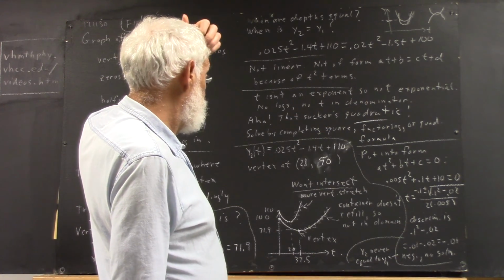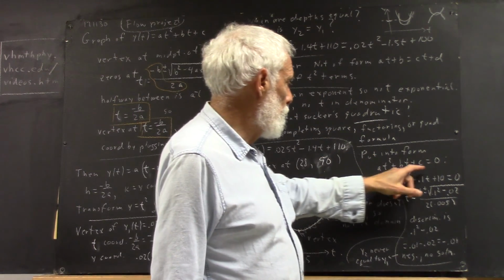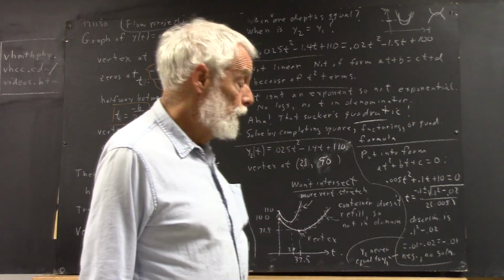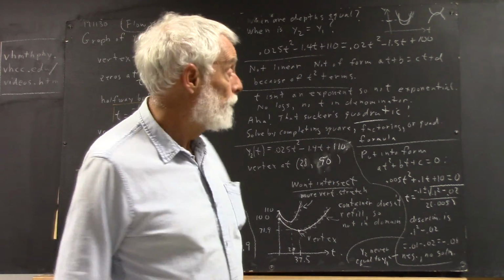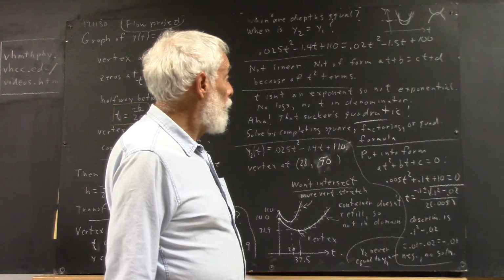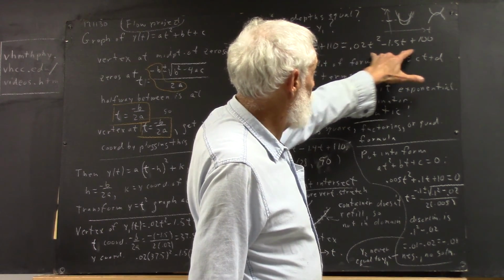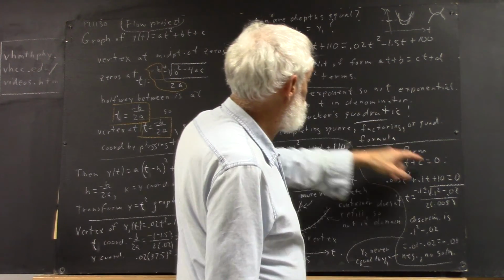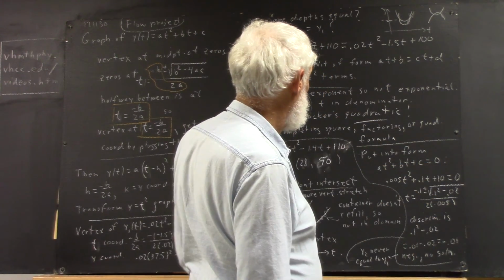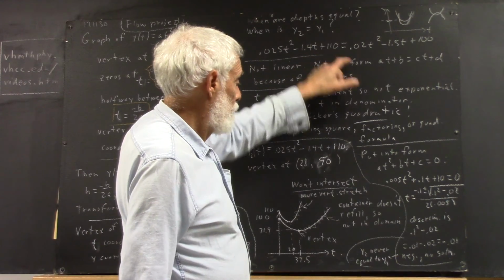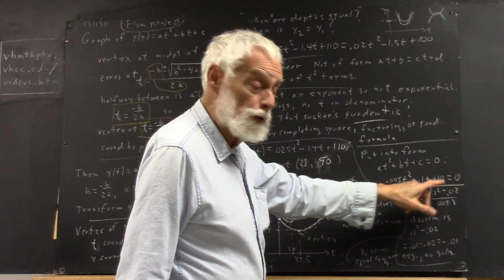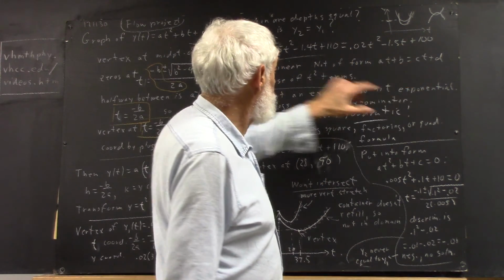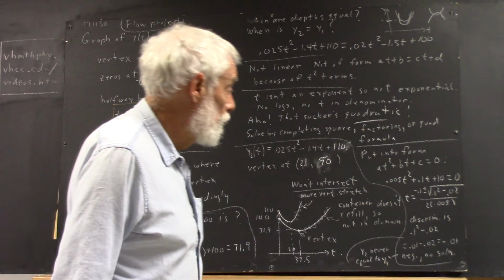We solve it by putting it into the form at squared plus bt plus c equals 0, and using the quadratic formula. We can just subtract this whole side from both sides, which will leave us 0 on this side, and this on the other side. I'm not going to read it to you. You can subtract this from this, and this is what you're going to get.